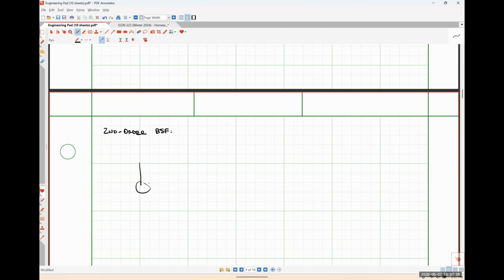So this is our circuit. Here's Vin, here's R, and then we're going to have j omega L in series with 1 over j omega C. Right, like so.